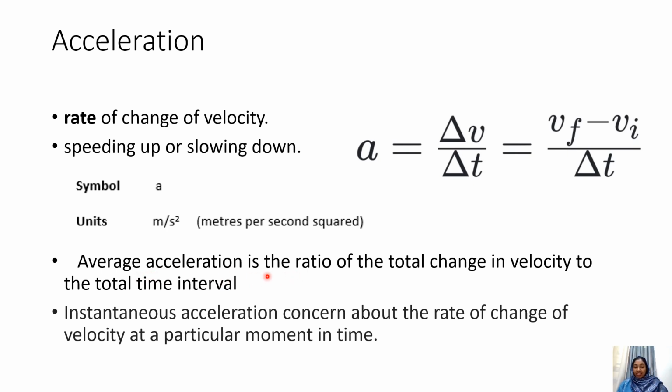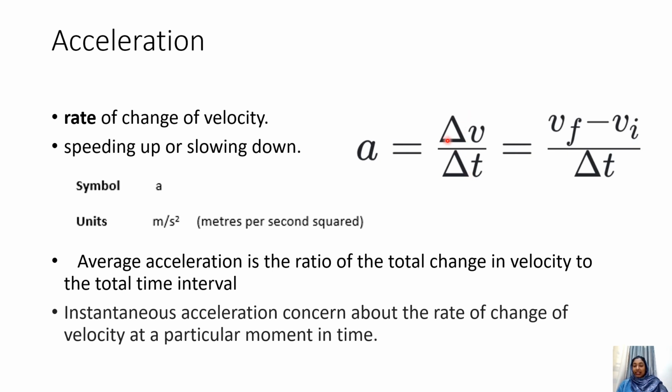Average acceleration can be defined as the ratio of the total change in velocity to the total time interval. Look here, a equal to delta v by delta t. We usually represent average acceleration like this.